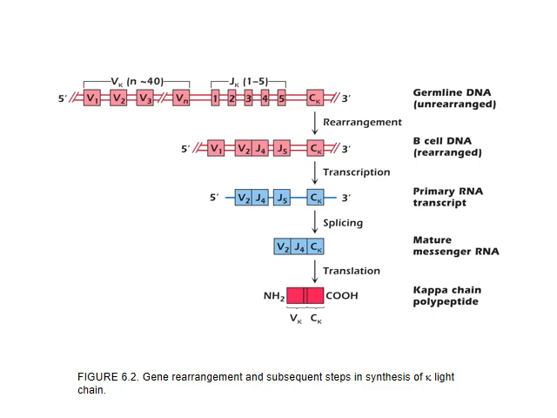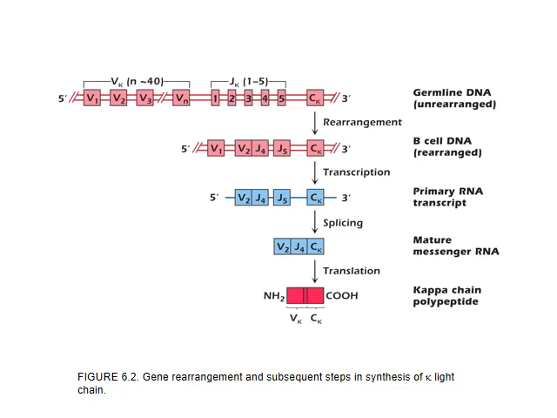And then this is transcribed in this case into a primary RNA transcript. And then again, you will see that we are losing introns and we're putting them together. V2 joins with J4 and then J5. And then again, as we discussed a while ago, there is a specific enzyme.